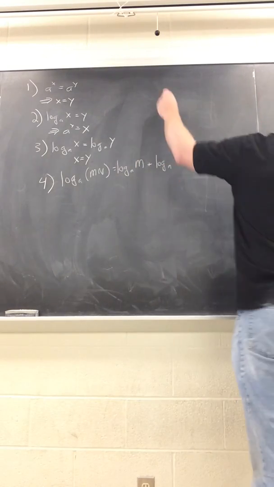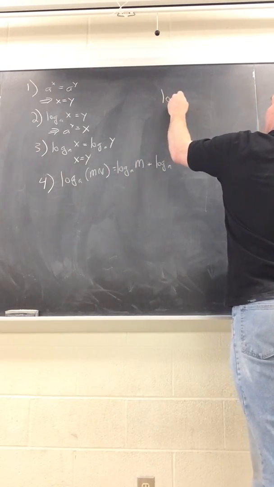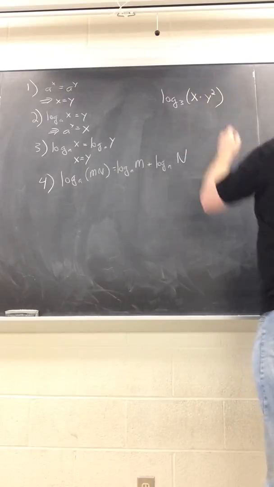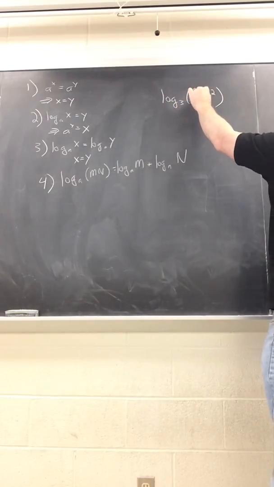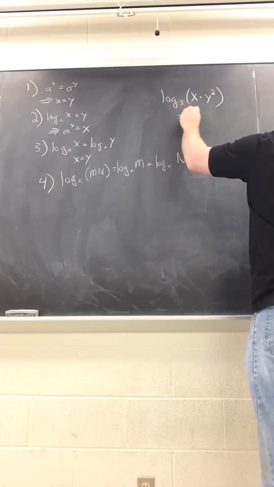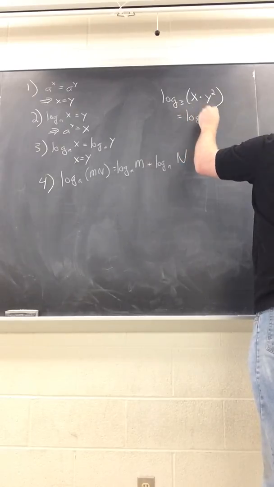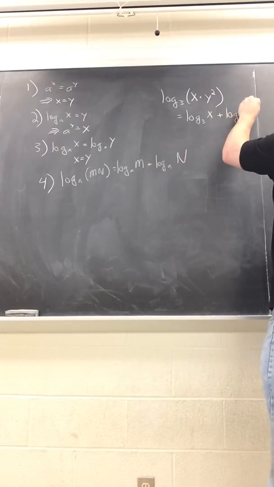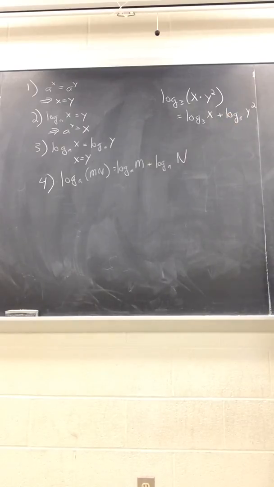Essentially the idea: if you have log base 3 of x times y squared, that's the log of a product, x times y squared. So we could rewrite it as log base 3 of x plus log base 3 of y squared. Rewrite our log of a product as the sum of two logs. And when we start problem solving, we'll use these things going backwards and forwards to help us solve problems.